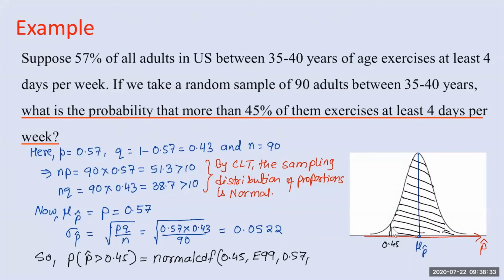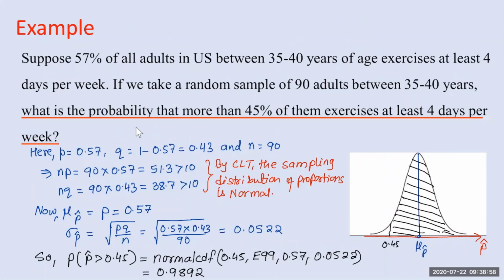And the standard deviation for this distribution, we calculated here, it is 0.0522. Now, if we perform this calculation using TI-84 calculator, you should get 0.9892. Make sure you verify that.